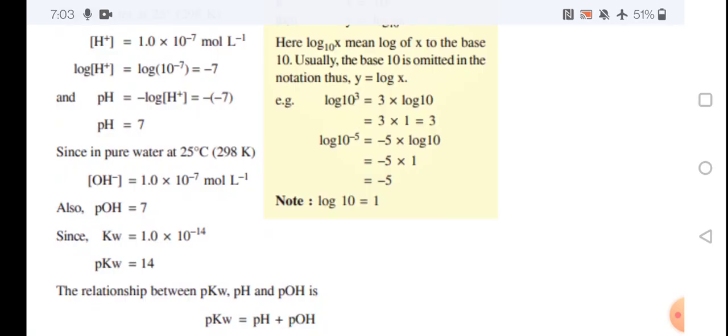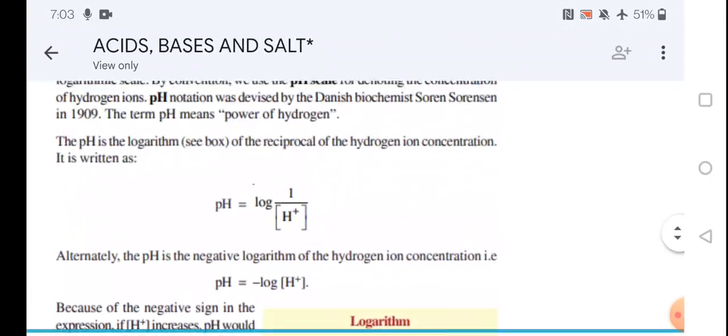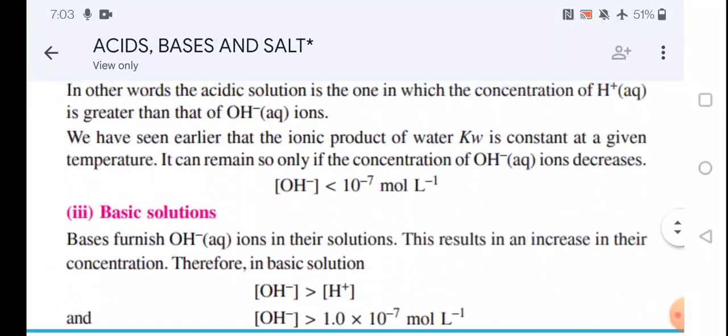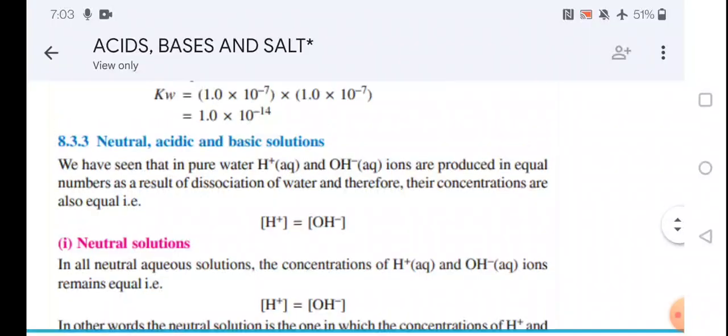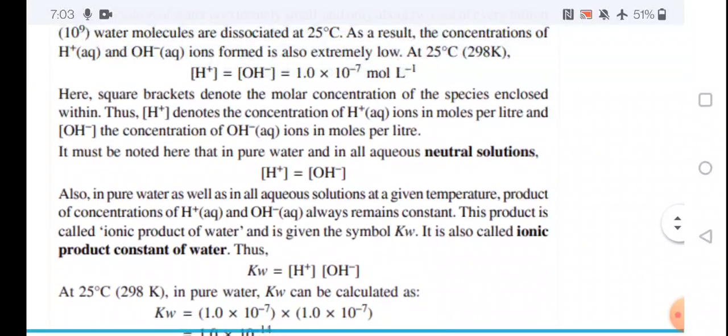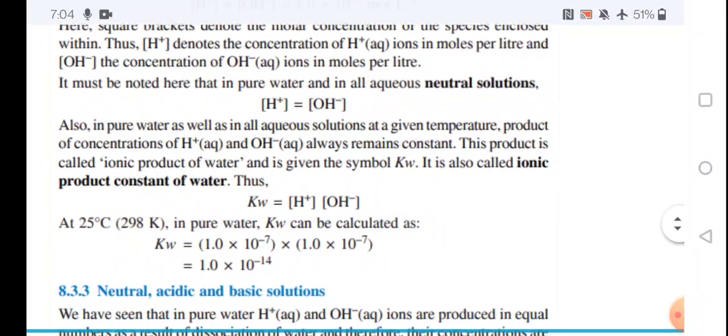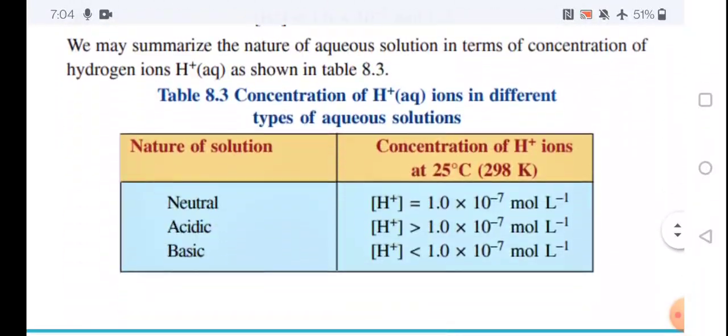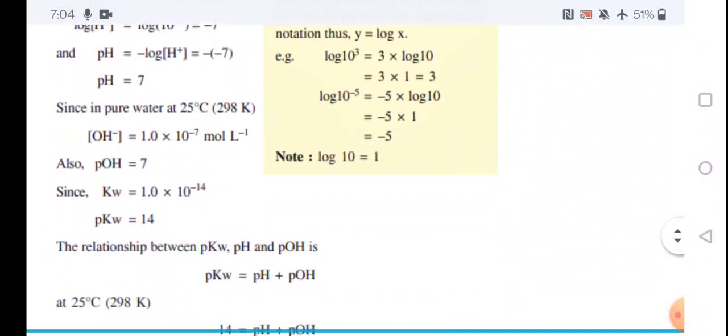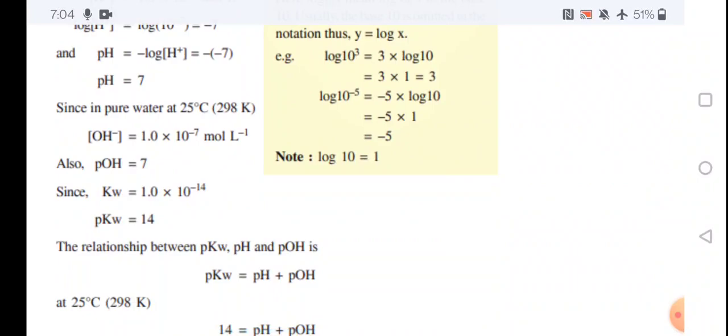We know that Kw is equal to 1.0 × 10 to the power of minus 14. Here we find the value of Kw, the ionic product constant of water. That is, the Kw value is 1.0 × 10 to the power of minus 14. If we find the p value of the ionic product constant, we get 14.